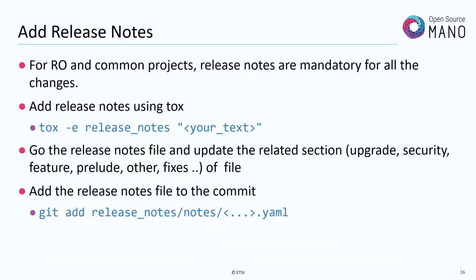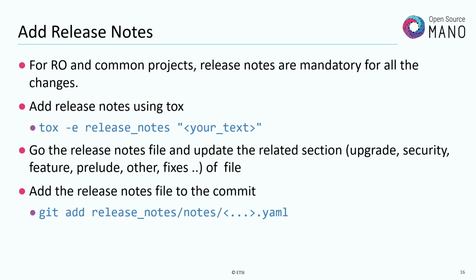Release notes. Release notes are not obligatory for all the projects, but it's nice to have. Just RO and common make the release notes mandatory for all the changes. For RO and common, for all the projects, actually you can run the same, but now only RO and common ask for release notes from you. You can run tox -e release-notes and a descriptive keyword here.